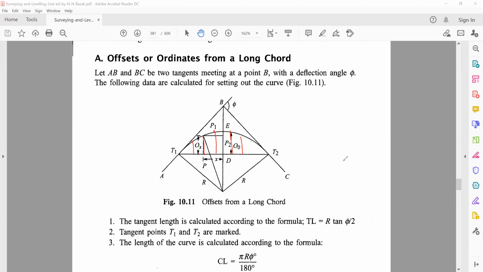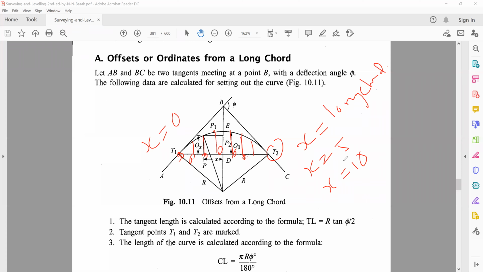At regular intervals, you take T1, where x is equal to 0, and at T2, x would be equal to the length of the long chord, and then you choose an interval, x is equal to 5 or x is equal to 10, depending on how much you want. And then at each distance on the long chord, you calculate the distance from that point to the curve. So that is called the offset to the curve.